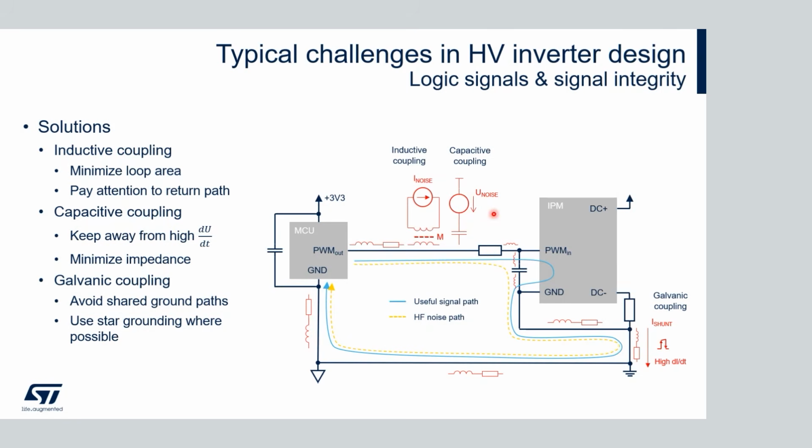And this can be done by minimizing the loop area to minimize the inductive coupling, keeping away from the high dU/dt nodes to minimize the capacitive coupling, reducing the area of the traces facing each other to minimize the capacitance, and avoiding shared ground paths because this creates the galvanic coupling.